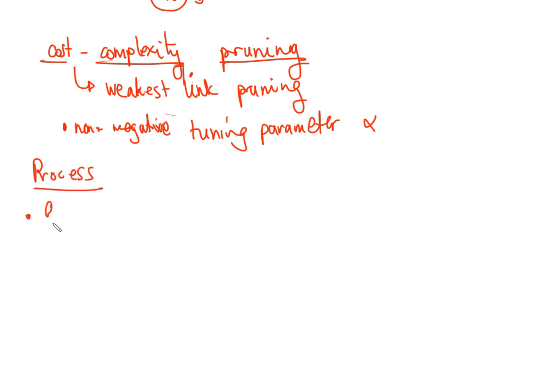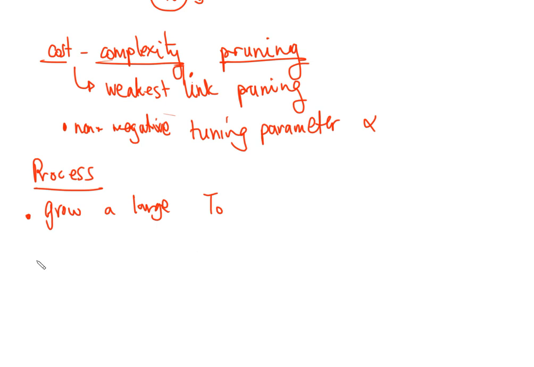We grow a large tree T naught using recursive binary splitting like we have been doing on the training data set, stopping only when each terminal node has fewer than a minimum number of observations. We can say stop when each terminal node has 5 observations. Then we stop.